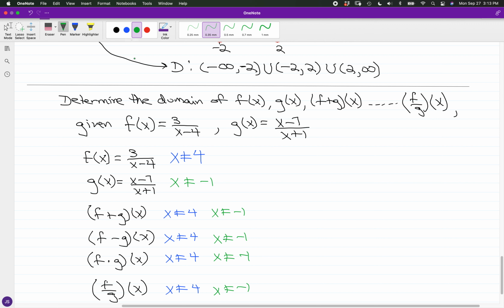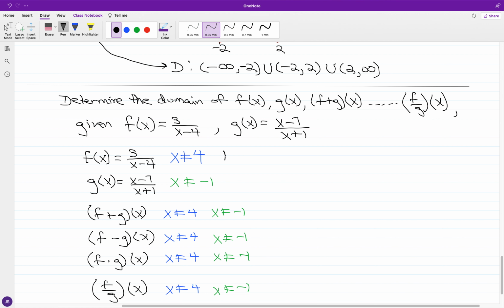For the domain of f of x, you're looking at all values of x except for 4. For g of x, you're looking at all real values of x except for -1.